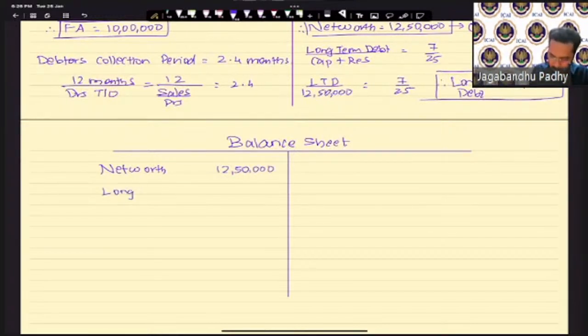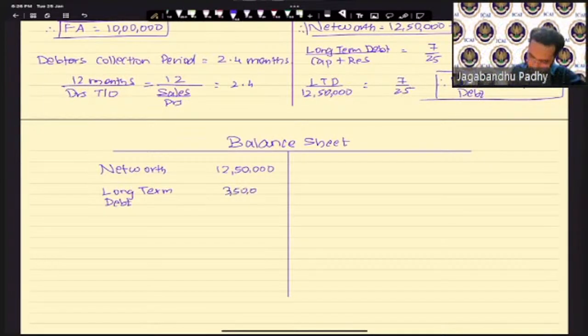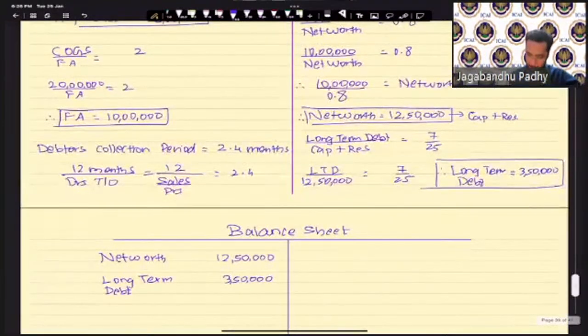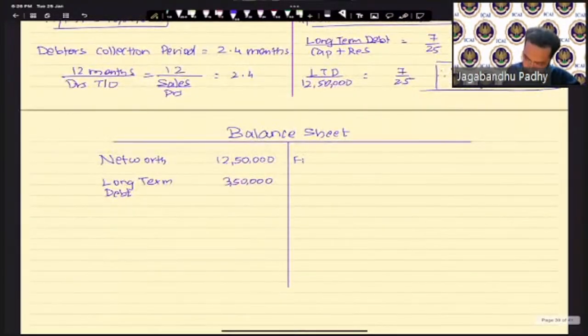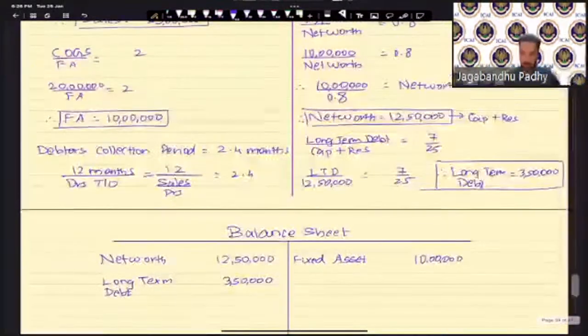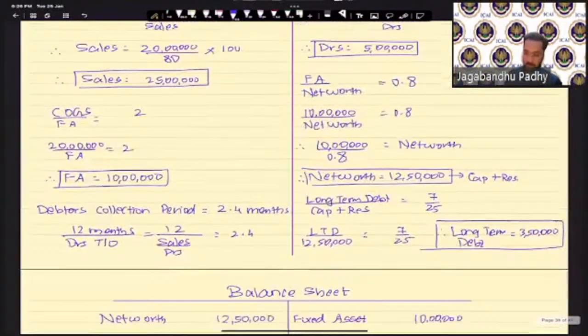Then we have long-term debt, which is 3,50,000. Then fixed asset of 10 lakh.